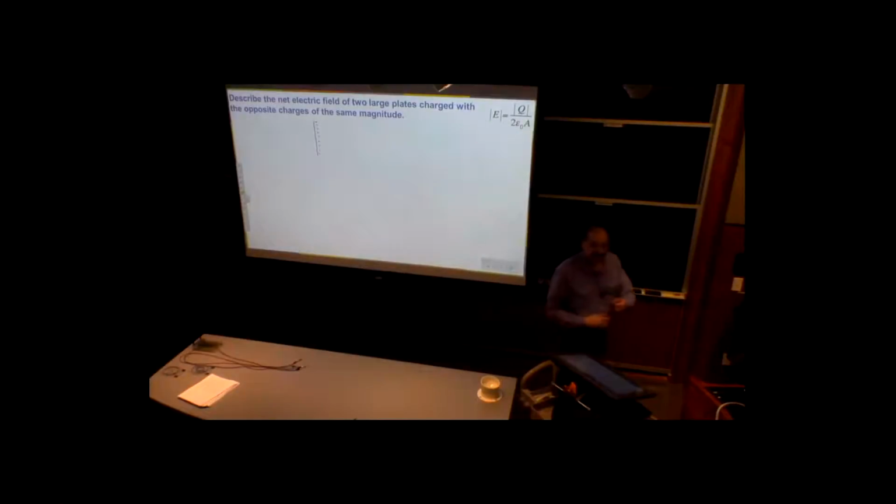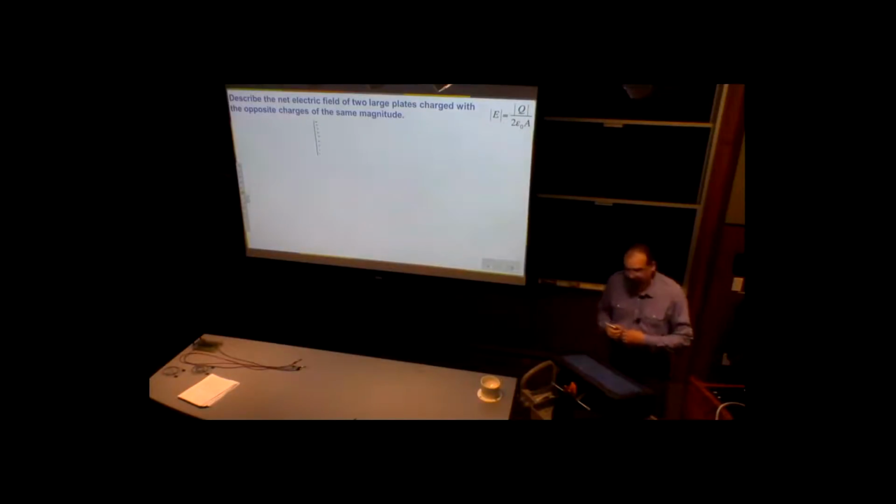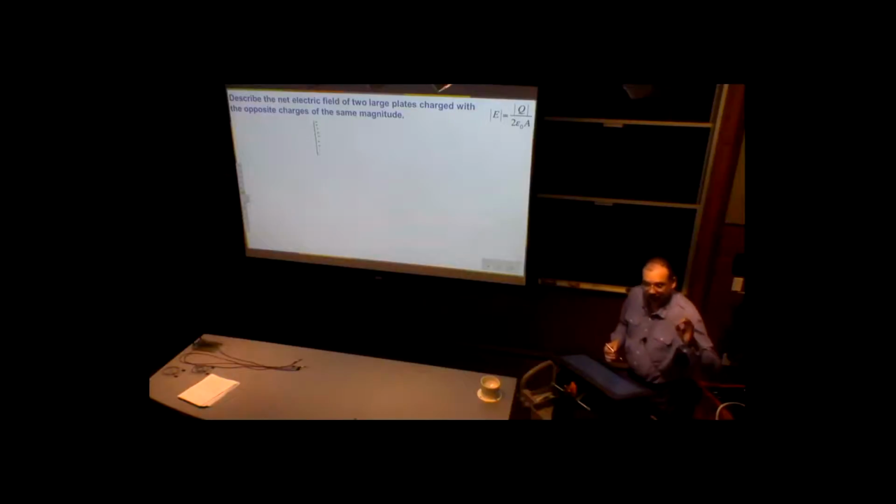And if that plate is so huge, electric field must be uniform. What does it mean, uniform? Electric field everywhere should point toward the plate. The density of electric field lines or vectors should be the same. And direction always toward the plate. That's it.